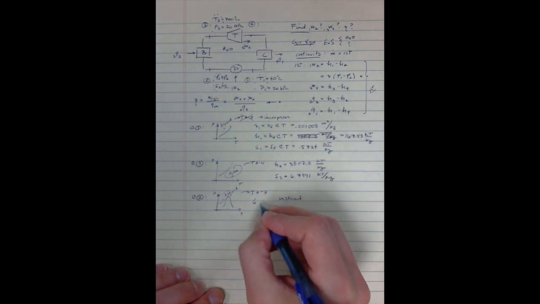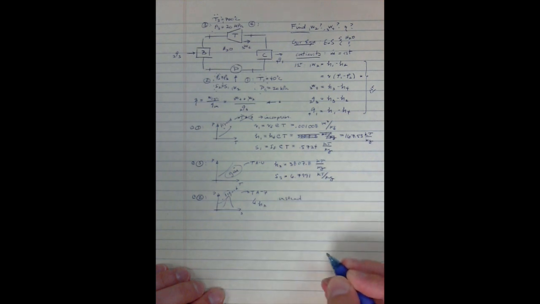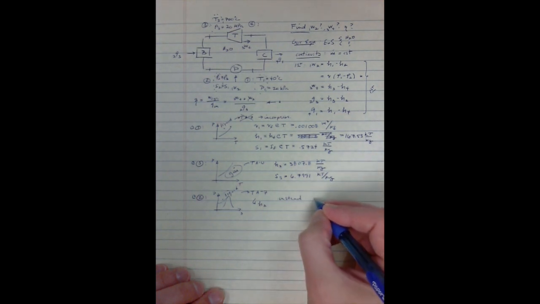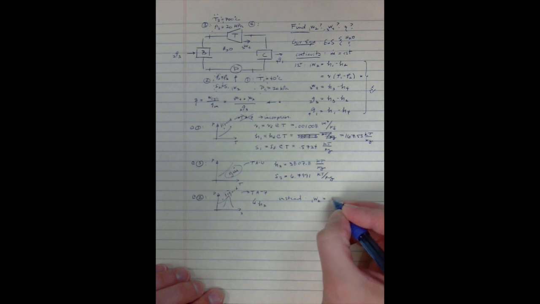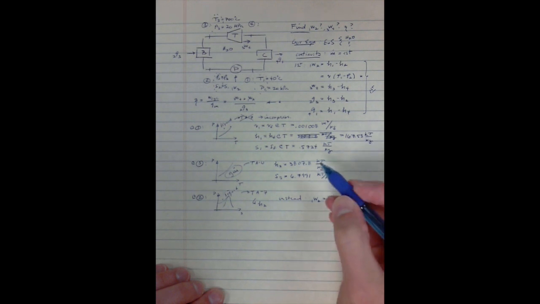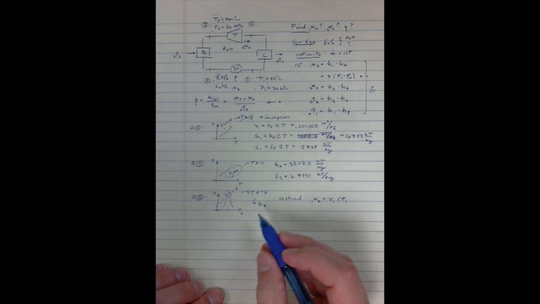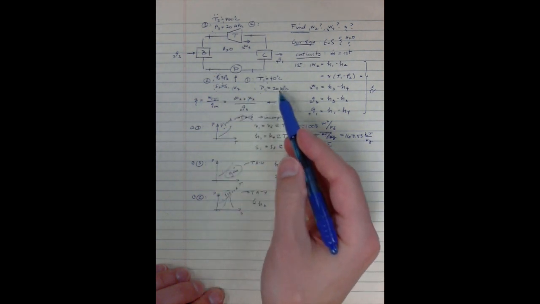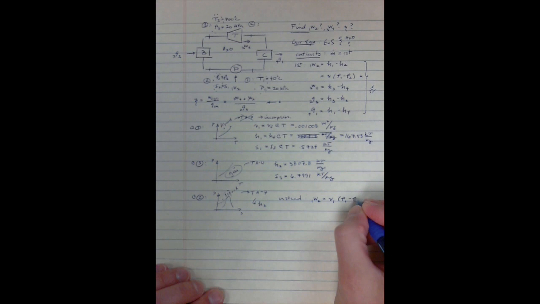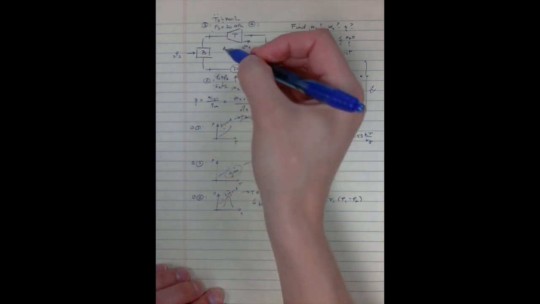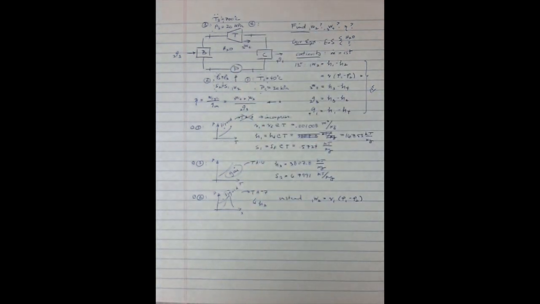This would give us H2, which we could get from the table. But instead, let's just consider that work 1 to 2 is going to be equal to the specific volume at 1, which doesn't change, times the pressure at 1, which we now know to be simply 20 kilopascals, minus the pressure at 2, which we know now is simply 20 megapascals, and it did not require any computation.